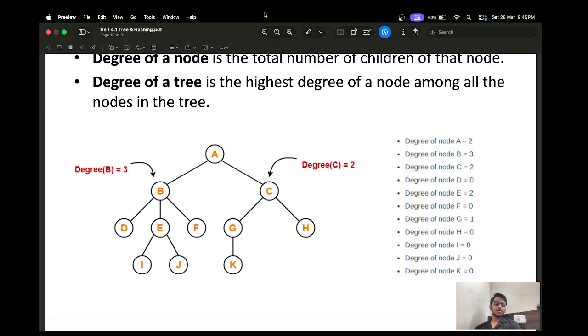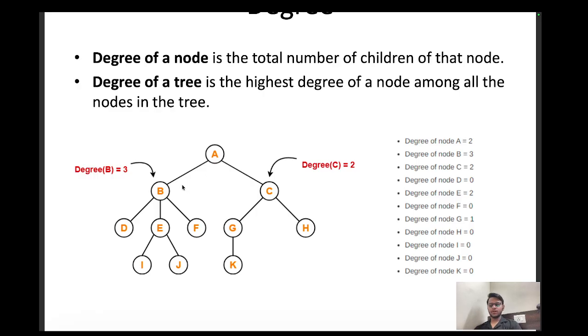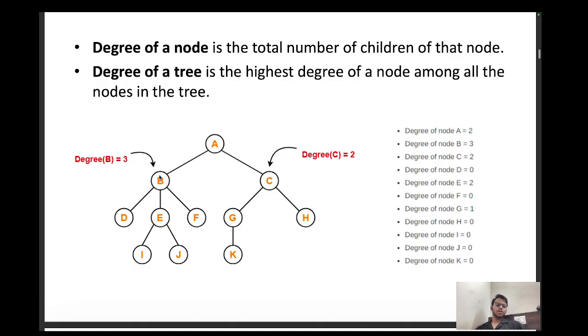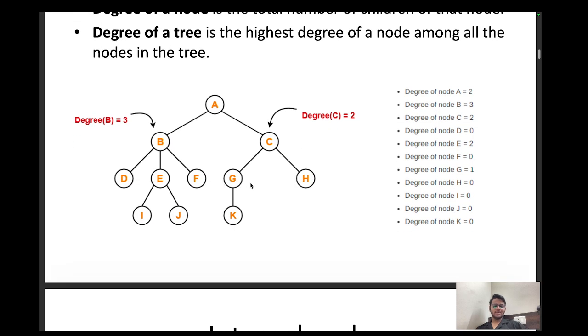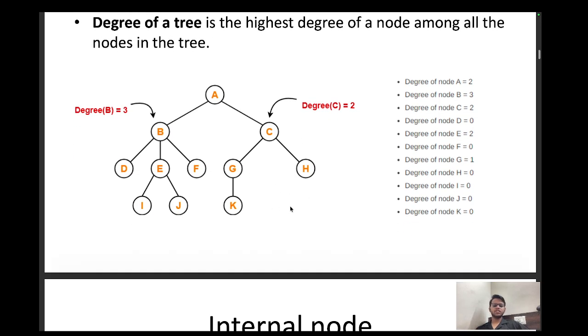A has two children, B and C, so the degree of node A is equal to 2. Degree of B is 3 because it has three children, D, E, and F. Degree of C is 2, with G and H, and degree of G is only 1 because it has only one child.